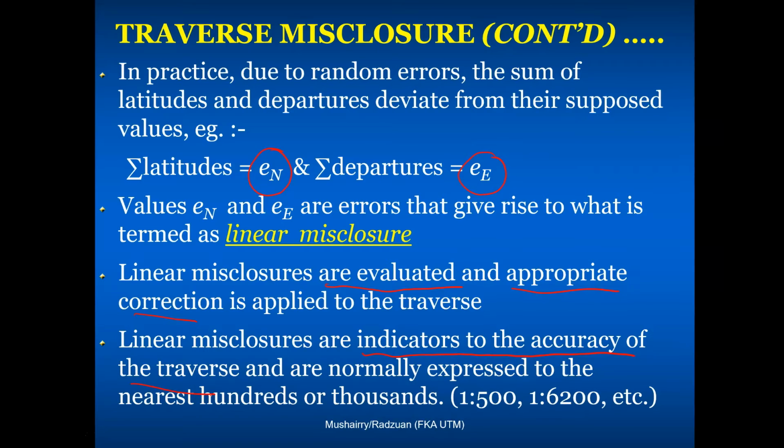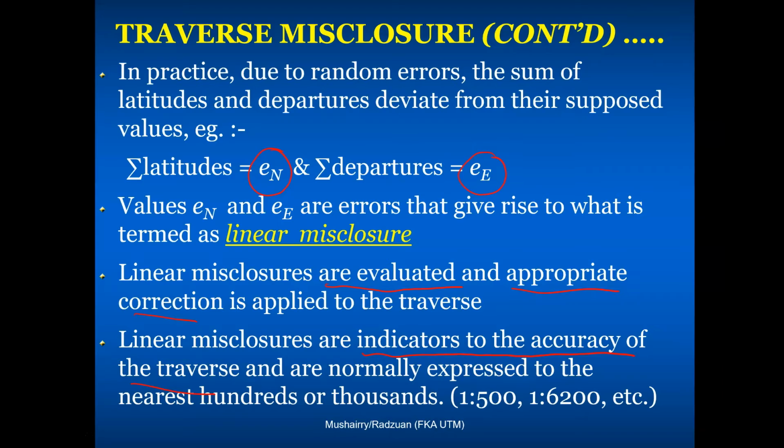If your linear misclosure is 1 in 6,000, and someone else doing the same job gets, let's say, 1 in 8,000, meaning that yours is not as accurate as the other person's work.